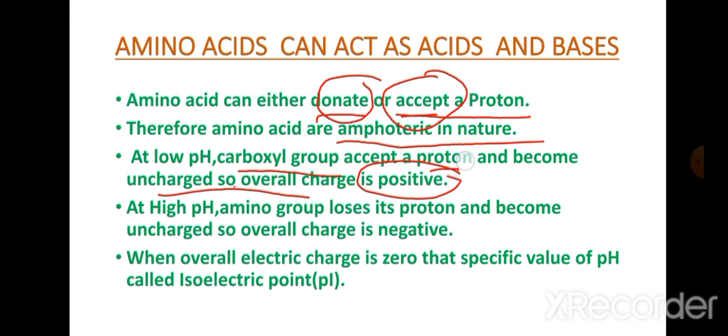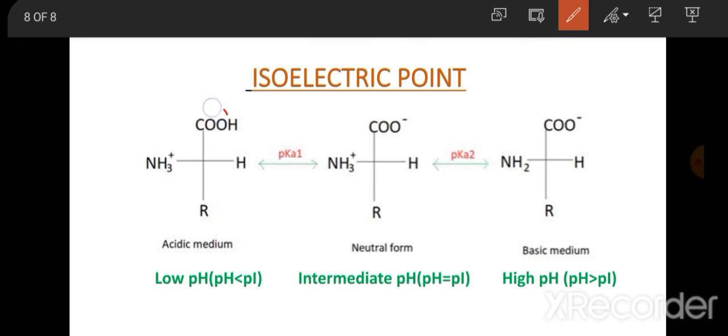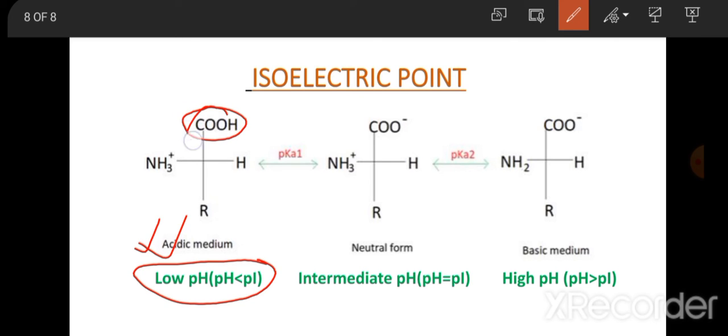That means here you see the carboxyl group, this is a low pH condition. That means it is an acidic medium. Here the carboxyl group accepts a proton and becomes uncharged. No charge is present here, not positive, not negative.